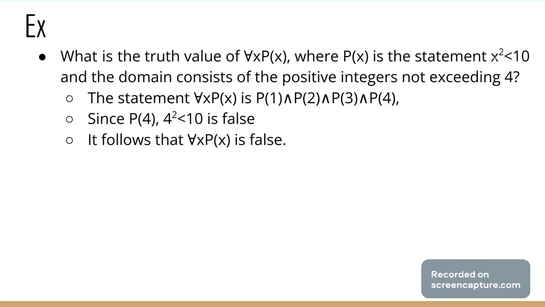So we can check one by one. 1 square is 1, which is less than 10. 2 square is 4, which is less than 10. 3 square is 9, which is less than 10. 4 square is 16, which is not less than 10. So the statement for all x P of x, where the domain is positive integers not exceeding 4, is false because there is one value which exceeds 10.